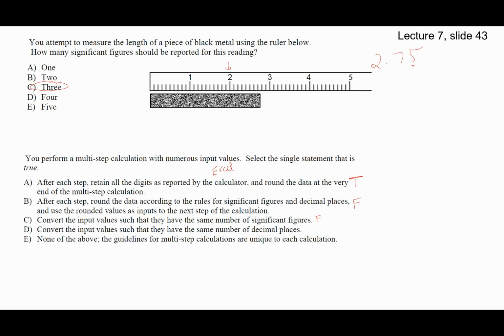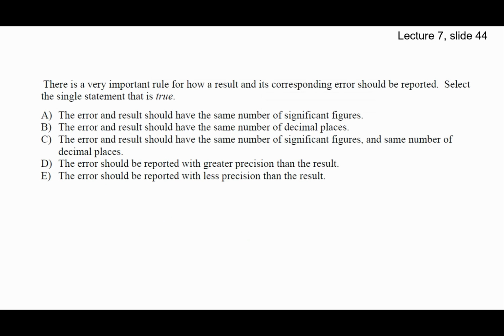Just because they have different significant figures, they're different numbers, that doesn't make sense at all. Convert the input values so that they have the same number of decimal places. Why would you do that? That's crazy. This doesn't even make sense. And E, none of the above. The guidelines for multi-step calculations are unique to each calculation. No, that's not true. They're pretty much the same universally. So the answer for this will be A.